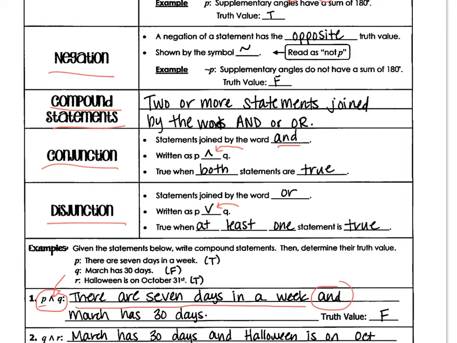That's the first part of my compound statement. And Q, March has 30 days. So now I want to evaluate the truth value of this statement, and the truth value of this statement is false. And the reason it's false is because March does not have 30 days.